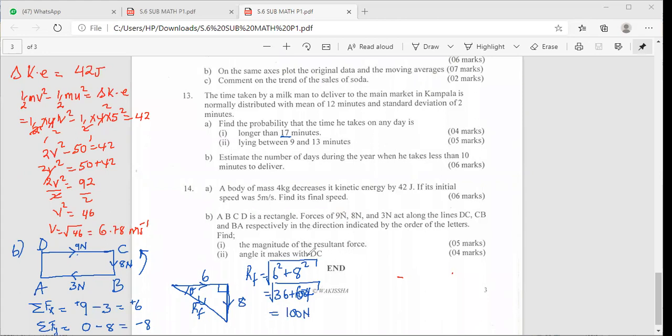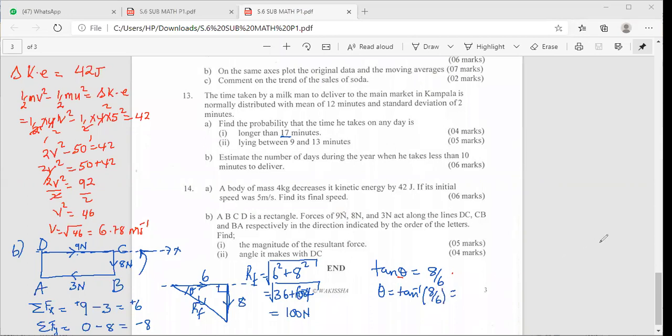They said find also the angle it makes with the DC. DC is horizontal, so it's along this line. Tan theta is 8 over 6, and theta will be tan inverse of 8 over 6.